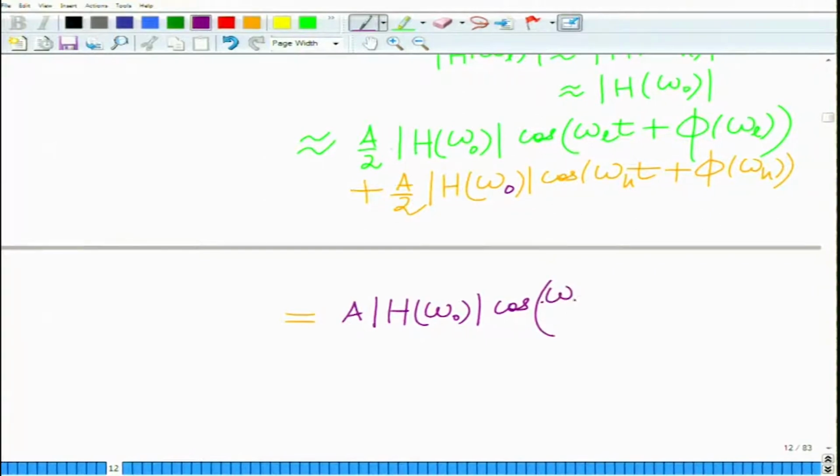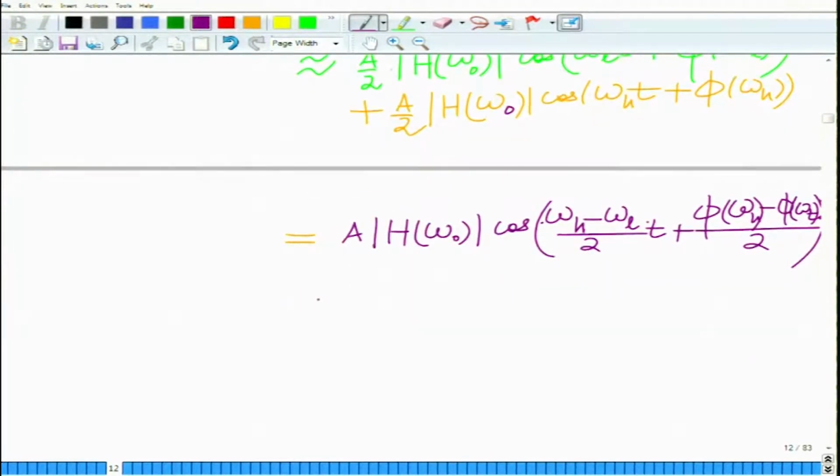cos of (omega_H minus omega_L) by 2 into t plus (phi of omega_H minus phi of omega_L) divided by 2, times cos of (omega_H plus omega_L) divided by 2 t plus (phi of omega_H plus phi of omega_L) divided by 2.